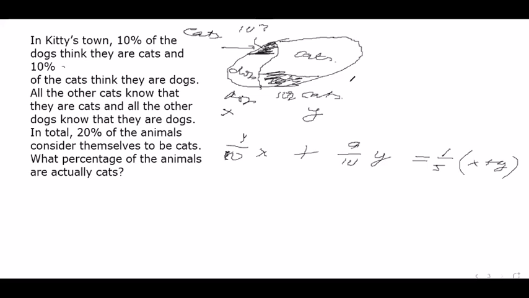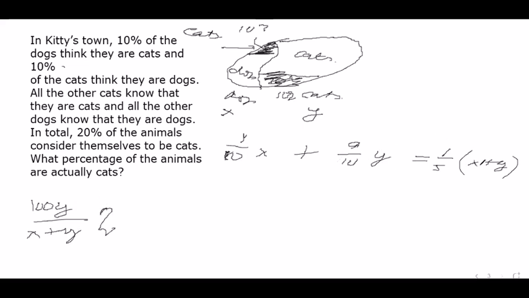So the cats amongst them are Y, and if you want to work out the percentage, the fraction of the cats amongst that cat and dog population is Y cats, and altogether you have X plus Y. So this is the fraction, and you need to multiply this by 100 to get the percentage. So we need to calculate that.